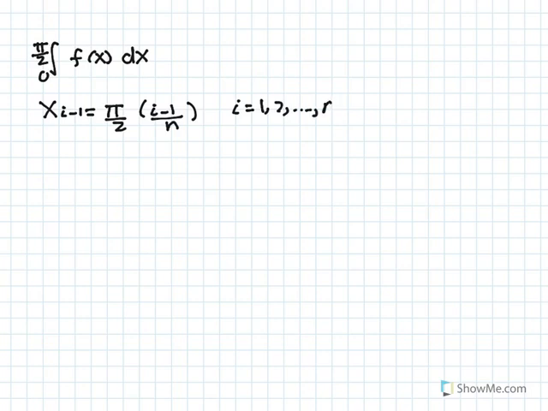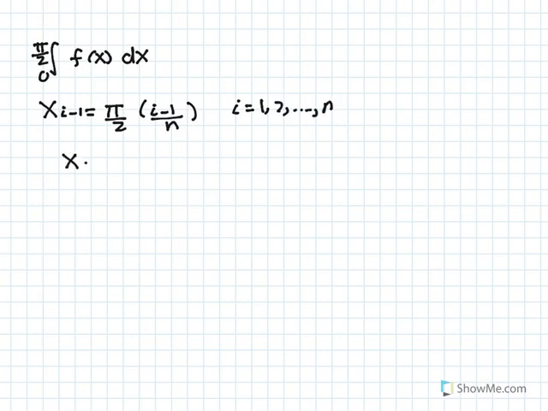So now the limits of integration have changed. We're going to let x_{i-1} be equal to pi over 2 times (i minus 1) over n, where i ranges from 1 all the way to n.